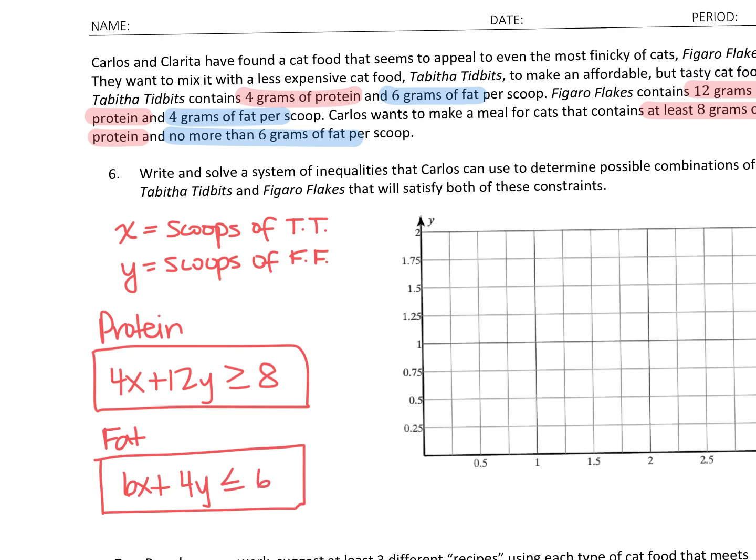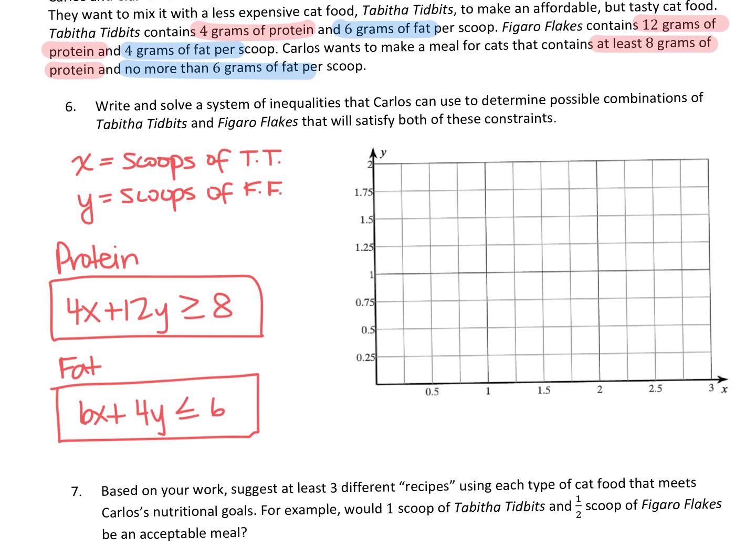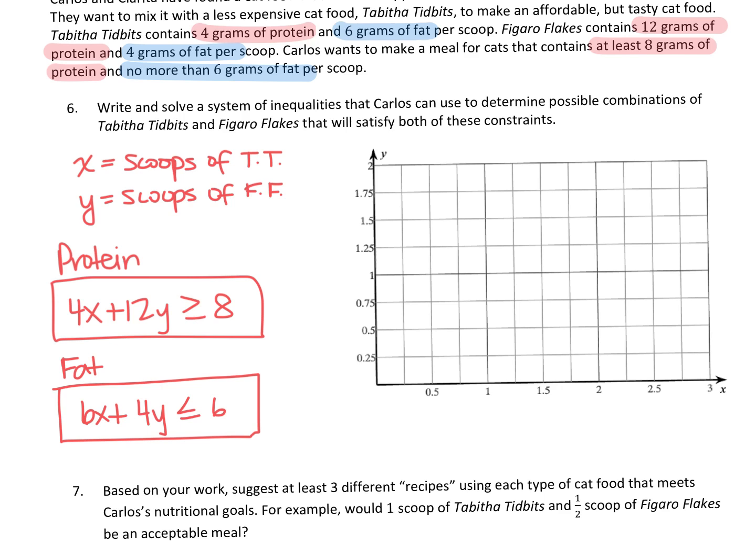Now that we have those set, I'm going to use intercepts in order to graph this. The x-intercept is going to be 8 divided by 4, so that's 2, 0. And the y-intercept is going to be 8 divided by 12.